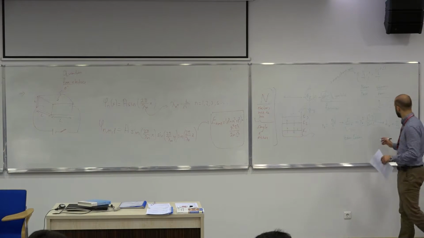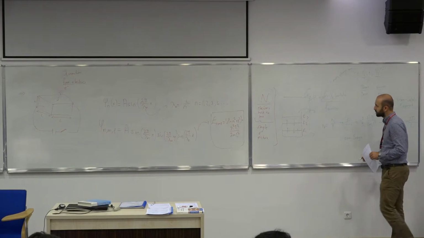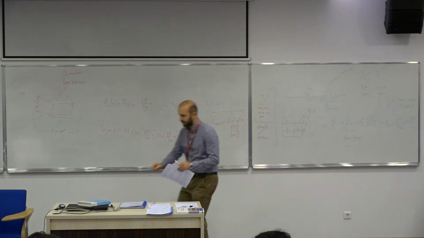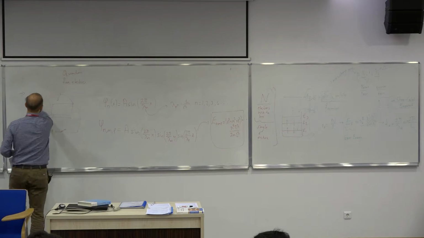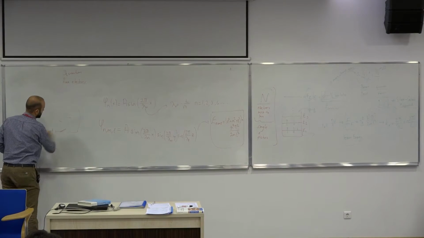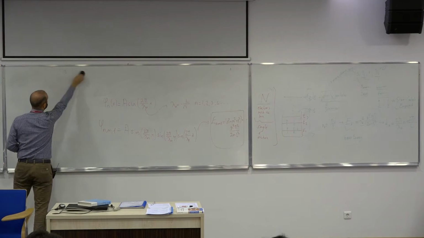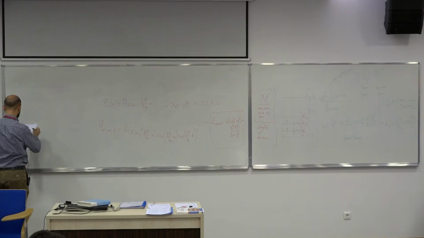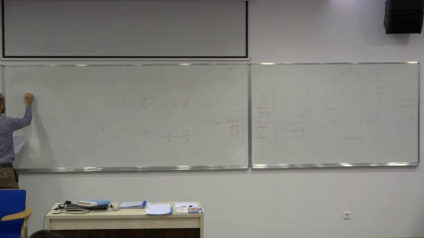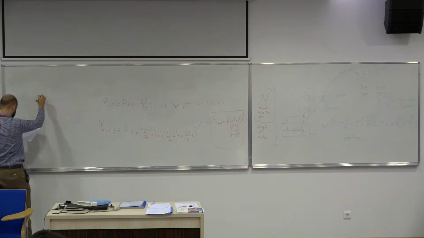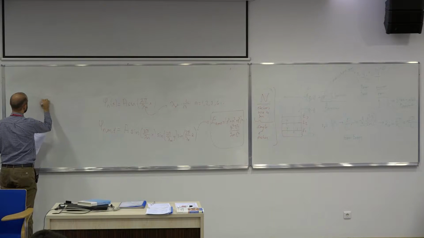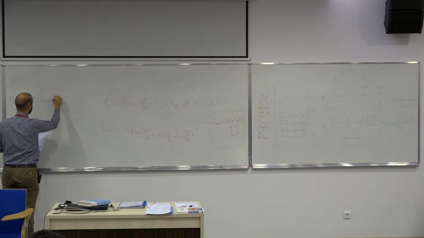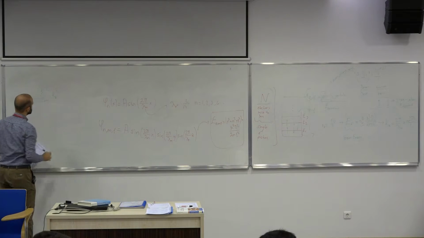Now, then I can write this expression. I'm just going to play around with the way I write that energy expression. So my EF can be written simply as h bar squared over 2m kf squared.